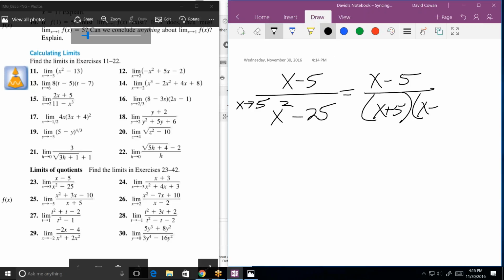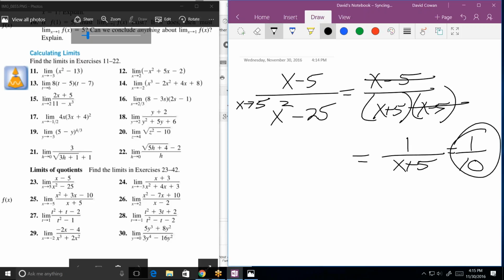Now the x minus 5s cancel out. And that leaves 1 in the top, incidentally, not 0. So it'd be 1 over x plus 5, which is 1 over 10. There's our answer.